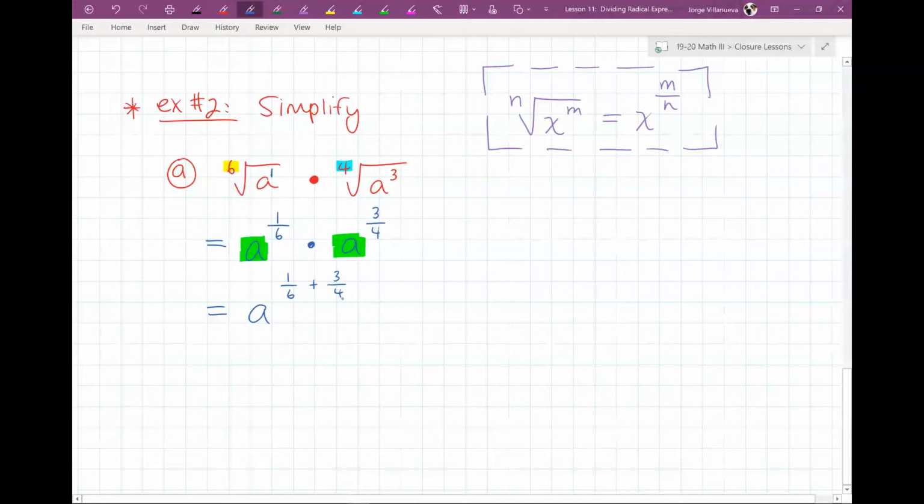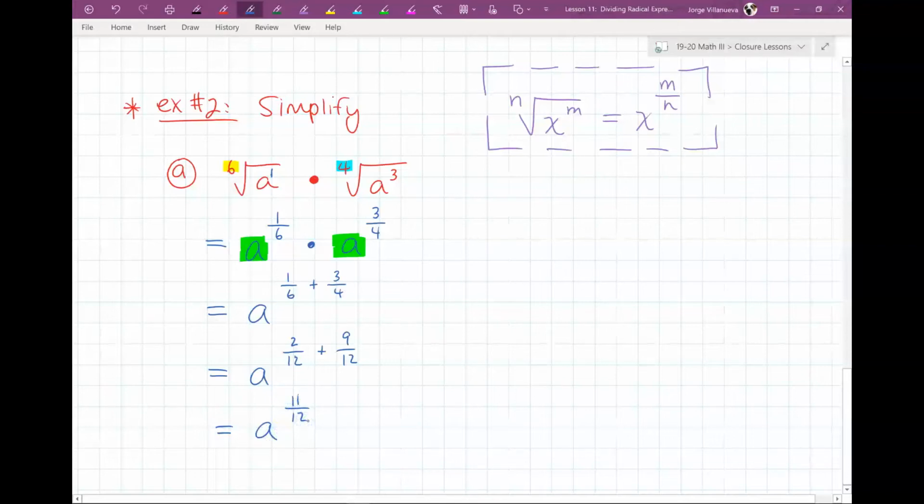Okay, now I'm going to do this by hand, but again, you guys please feel free to use your calculators. They have a 12 in common, so I'm going to make that a 12. That's going to be a 2 12s and a 4. Nope, I'm sorry. Not a 4. That's a 9 12s. Okay, so that would be a 9 12s. So 2 plus 9 is 11. So this equals a to the 11 12s.